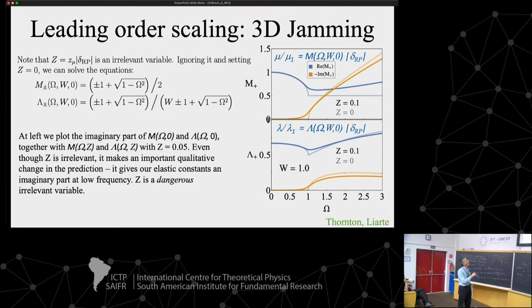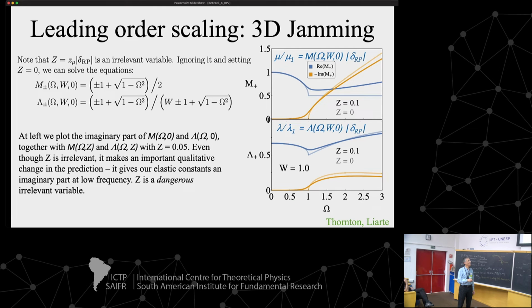Lambda has a different structure because, of course, it has a jump. So here's the solution for m. The real part of the solution goes to 0, and the imaginary part of the solution is absolutely 0 until this point, and then it pops up. And this is for m plus.